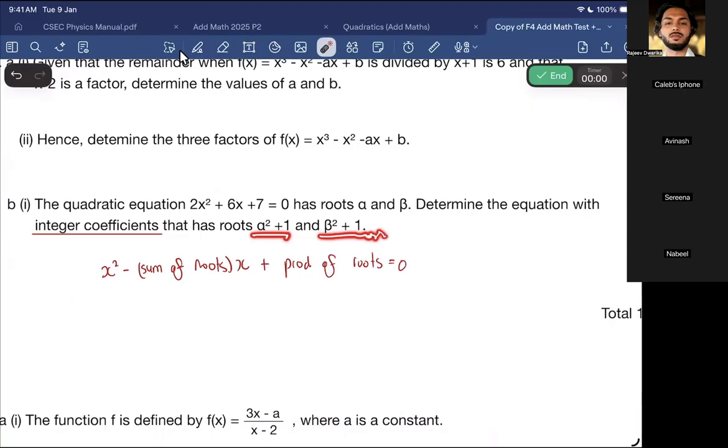So how would I find the product of that? You would multiply alpha squared plus 1 by beta squared plus 1. Yeah, that's it. And then you look to see if it has alpha plus beta or alpha beta, so you could do a substitution.